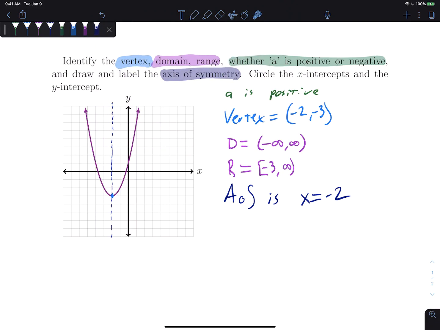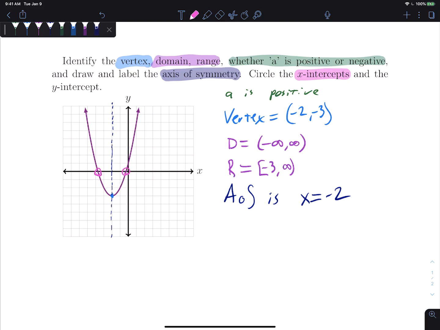Now, the last bit of this question is asking us to circle the x-intercepts and the y-intercept. So let's circle the x-intercepts, and they are going to be right here and right here. We're just circling these because they aren't crossing at a nice value. They're crossing at what are called irrational numbers, so we're not going to write down the coordinates themselves.